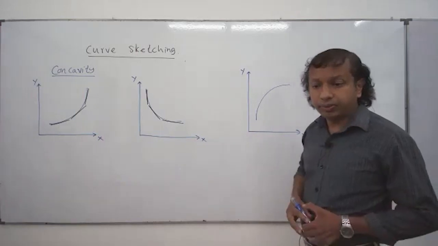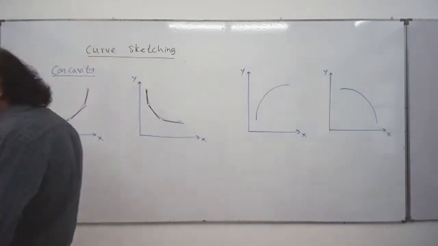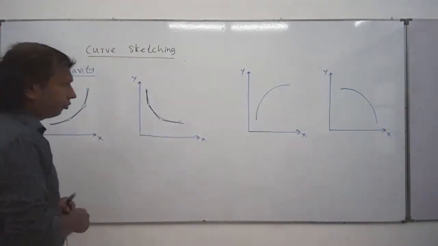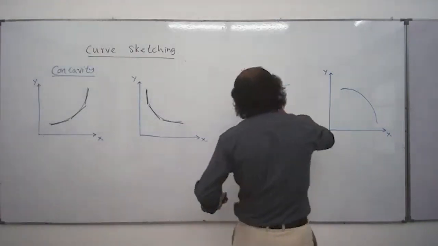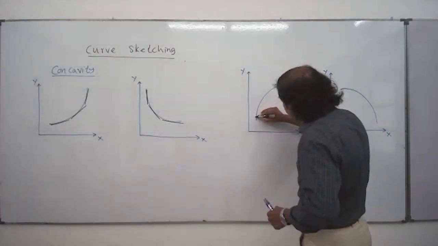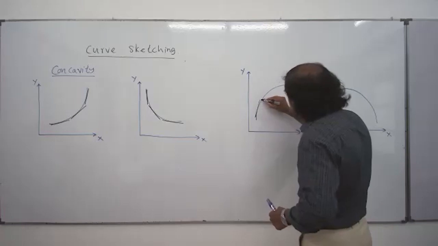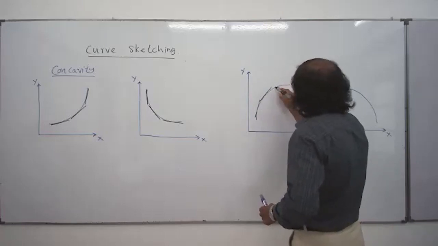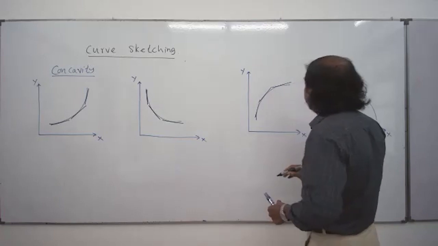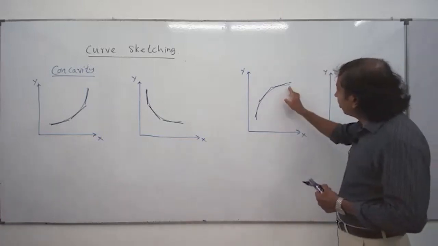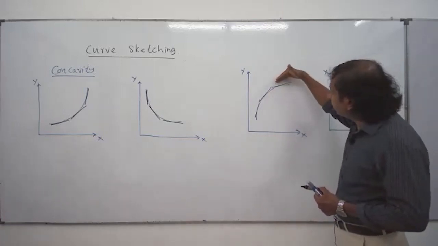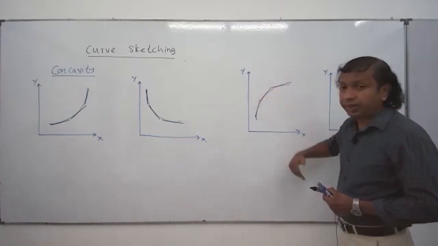When we keep drawing tangents here, in this case you can see the graph lies completely below the tangent.